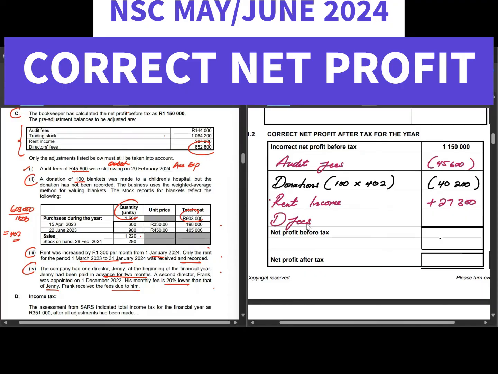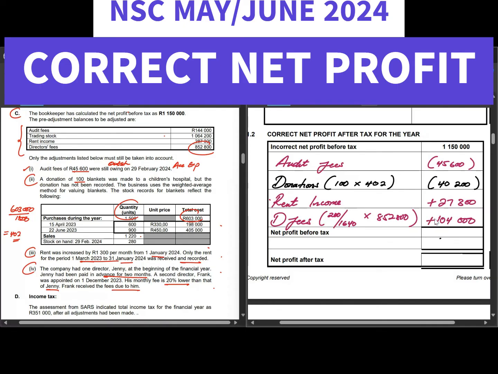And I know that my director's fees, remember on the calculation, I said what I want was 200 over the 1,640. Then I multiply that by my 852,800, and I ended up with 104,000. And this 104,000, am I adding it or subtracting it?